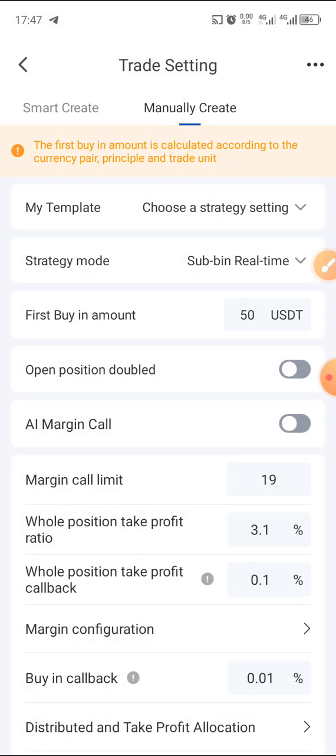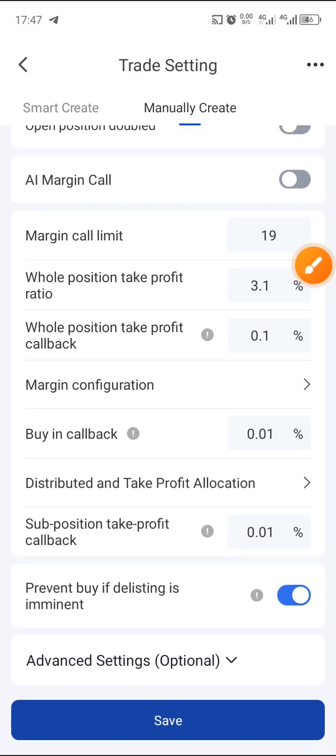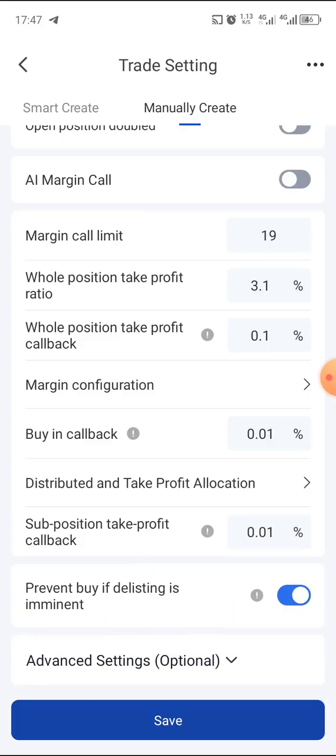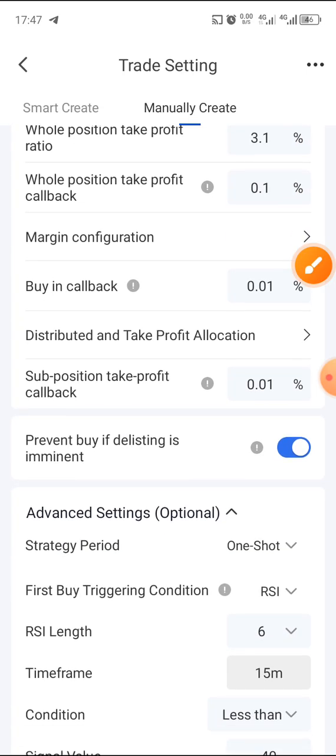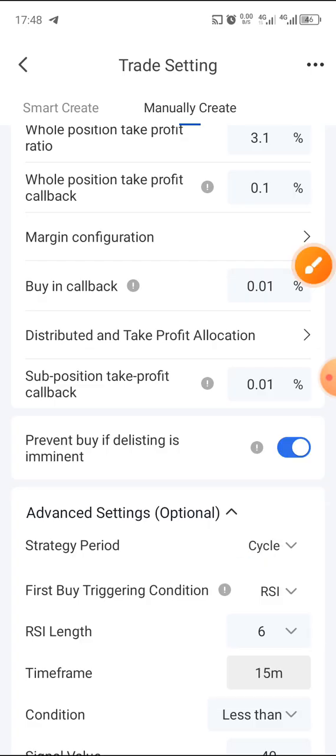But with this strategy, we are going to make a little bit of adjustments. But before we go into those adjustments, first scroll down, click on advanced settings here. I hope you all see it, advanced settings. Then come here, where you see one shot, make it cycle. You just tap on it once and it will change to cycle.